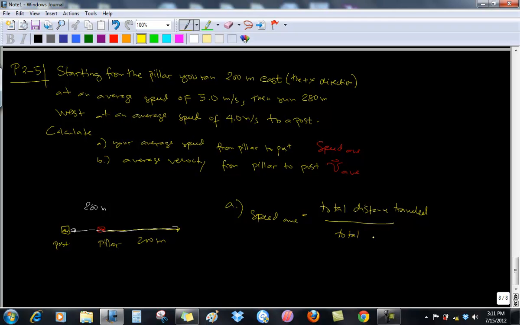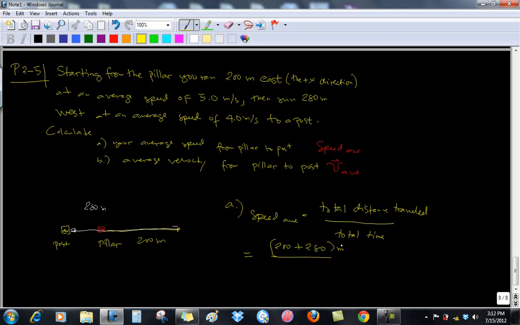In this problem, what is the distance traveled? The first distance is 200 meters. Then you moved west 280 meters. So the total distance you ran is 200 plus 280, in meters.